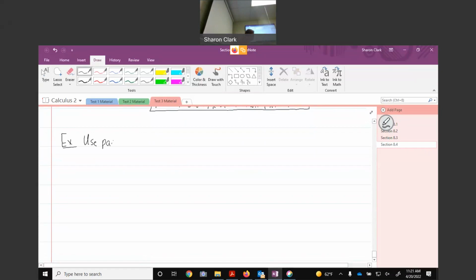Use partial fractions to evaluate the integral of -2x plus 4 over x squared plus 1 times x minus 1 squared dx.